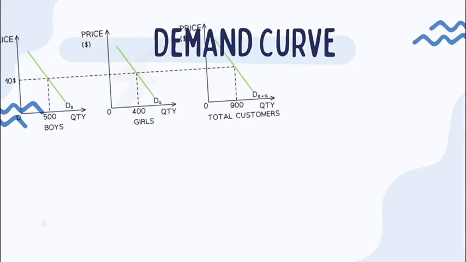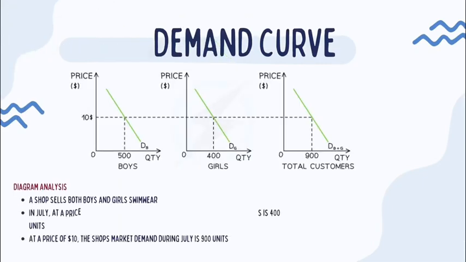Let's now look at this simple exercise that will make you understand how the demand curve works. We are the seller and we sell swimwear for boys and girls at the price of $10. At the given time period, 500 units of boys swimwear were bought, and 400 units of girls swimwear were bought at the price of $10.